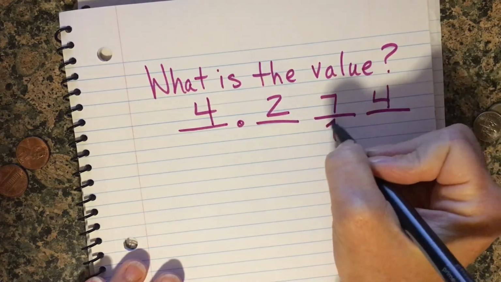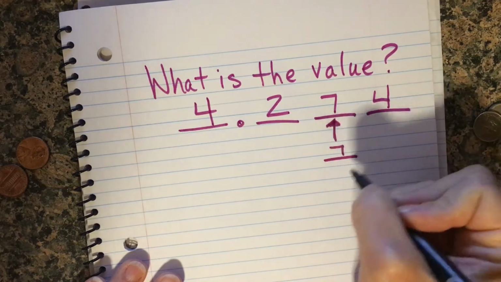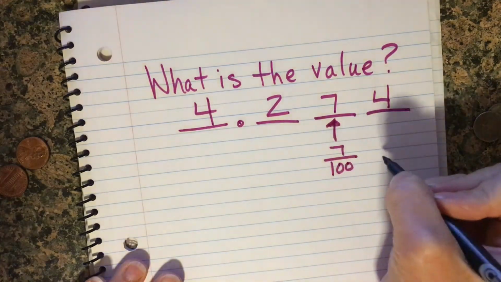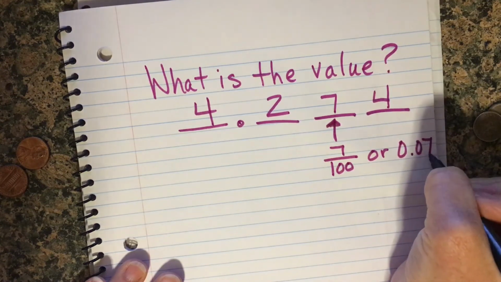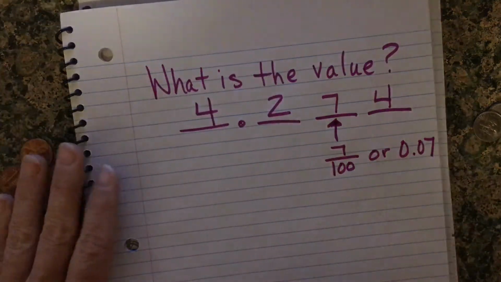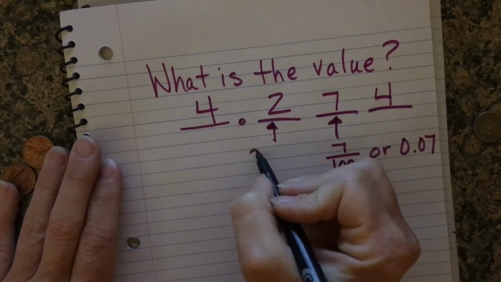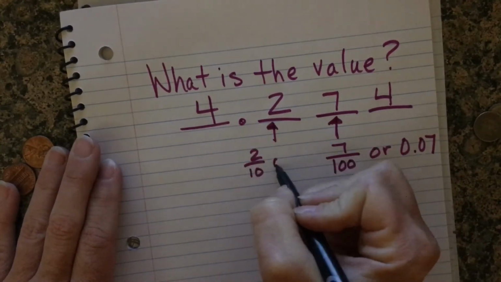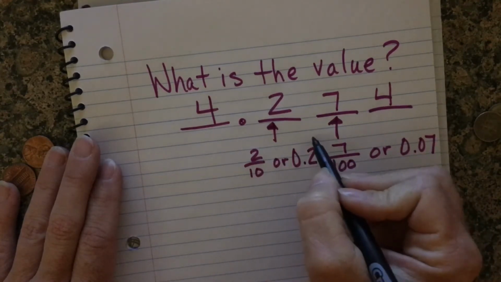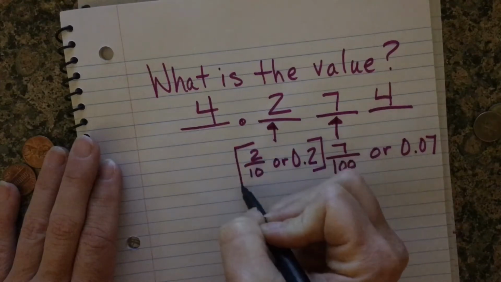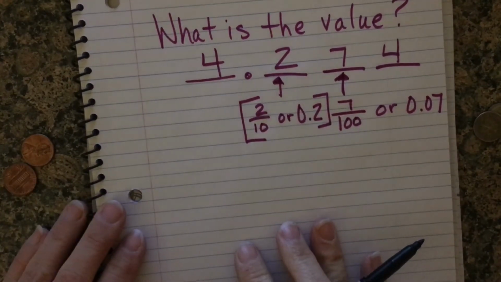If I want the value of this 7, it is going to be 7 hundredths, written that way. If I want the value of this 2 here, it's going to be 2 tenths, written here. So when you're looking at value, it's the value of the digit, not the place value spot.